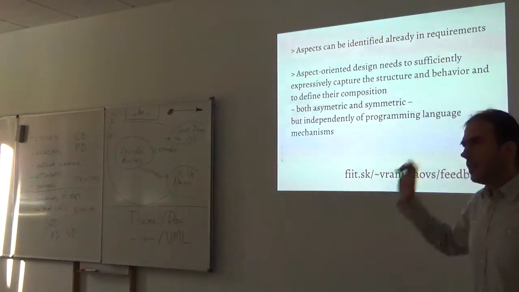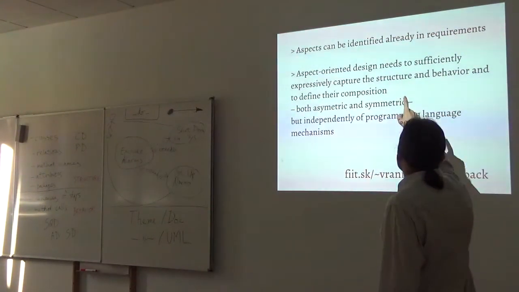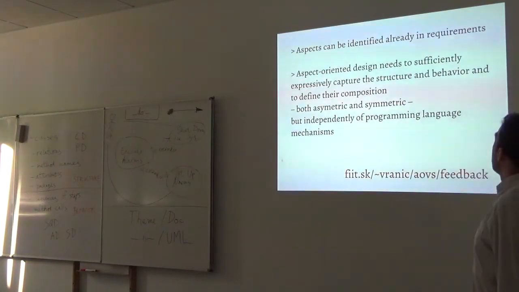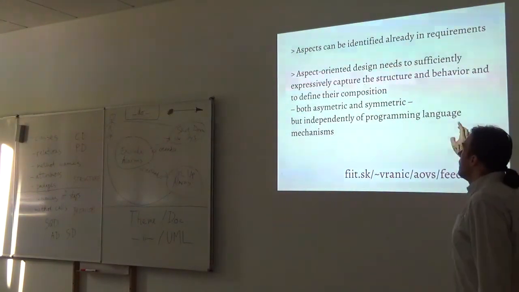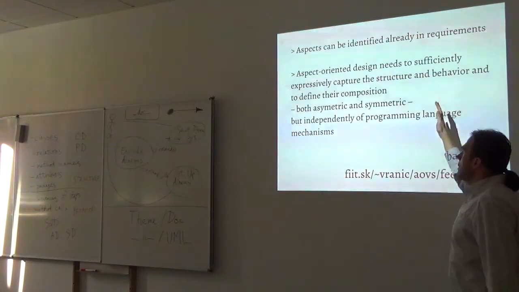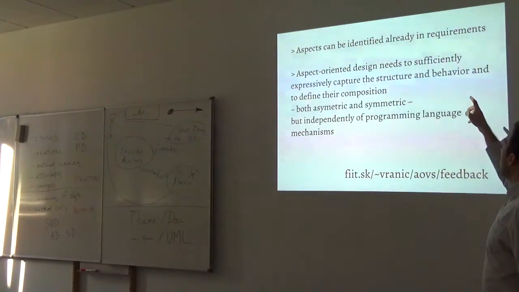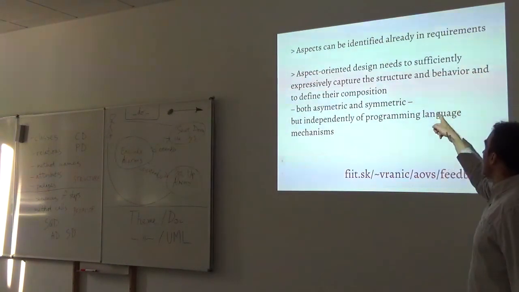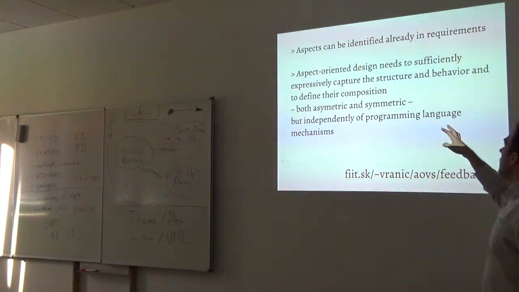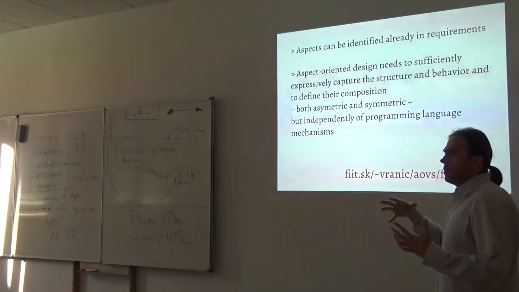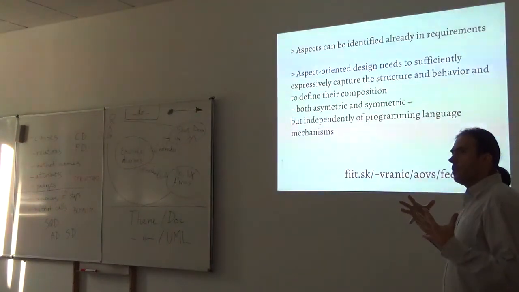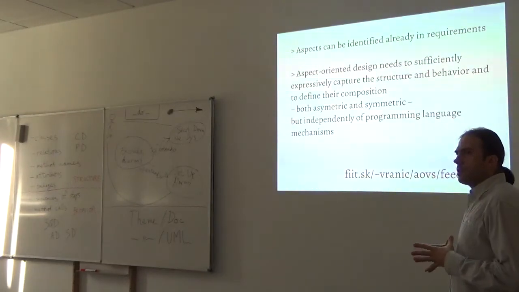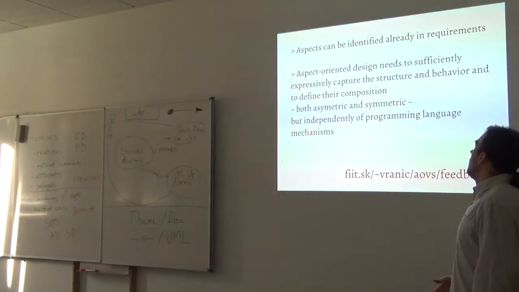What I would like to point out are these two conclusions, to recap the lecture. We notice that aspects can be identified already in requirements, and we dealt with them extensively in design by fulfilling this condition to expressively capture the structure and behavior and to define their composition. So these things are essential if you would like to have a comprehensive approach to modeling aspects graphically.